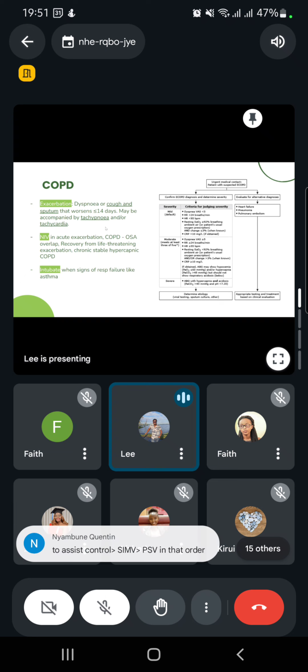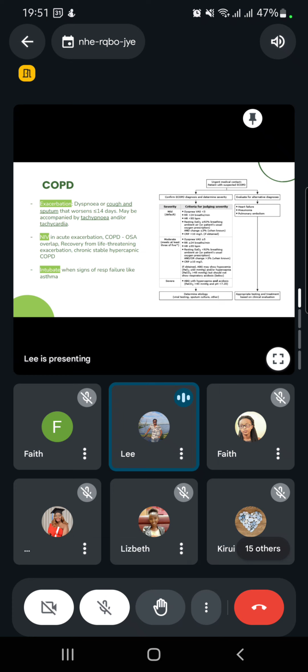You of course try NIV first in acute exacerbation, especially in patients who have COPD and obstructive sleep apnea overlap. Mostly because of the demographic, the two can overlap. NIV would be appropriate in this situation because you're basically killing two birds with one stone.